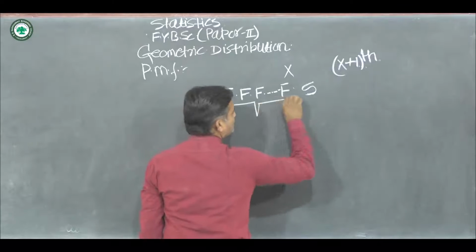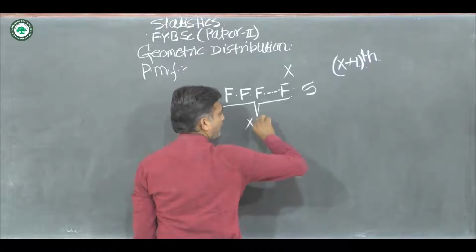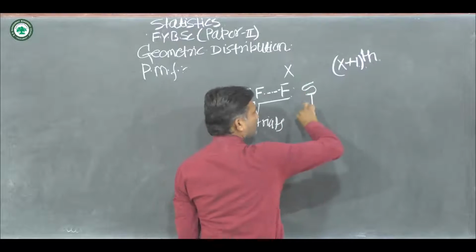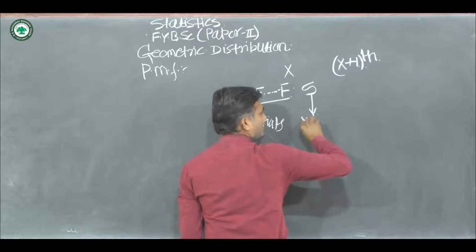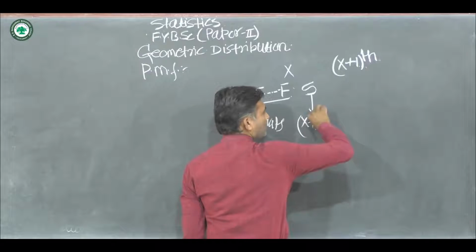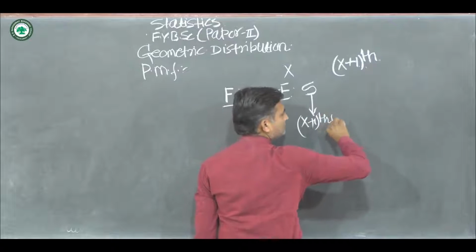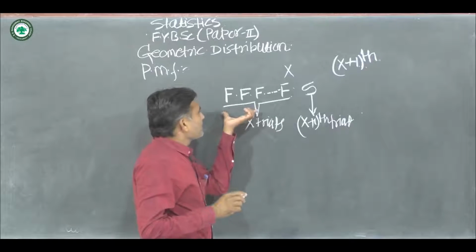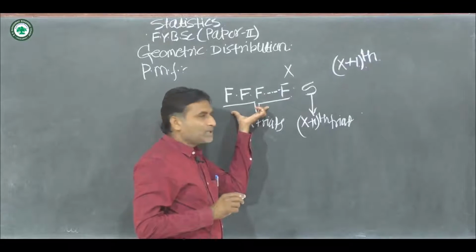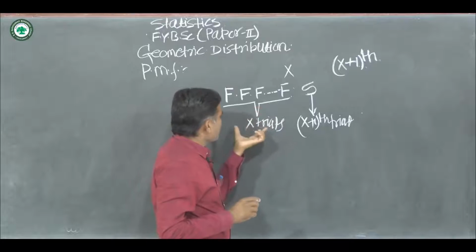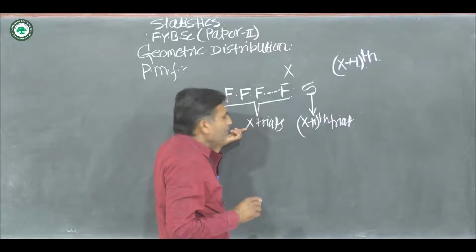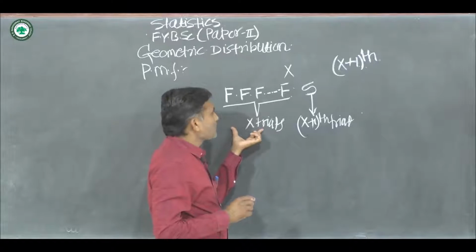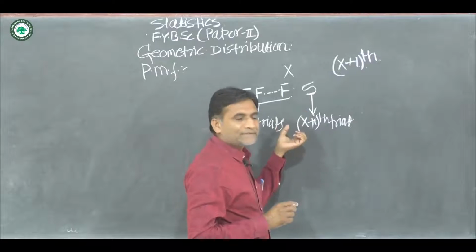This is X trials, and this one is the X plus 1th trial. We know that the probability of failure is Q, so it is the multiplication of Q, X times, and here is a success.